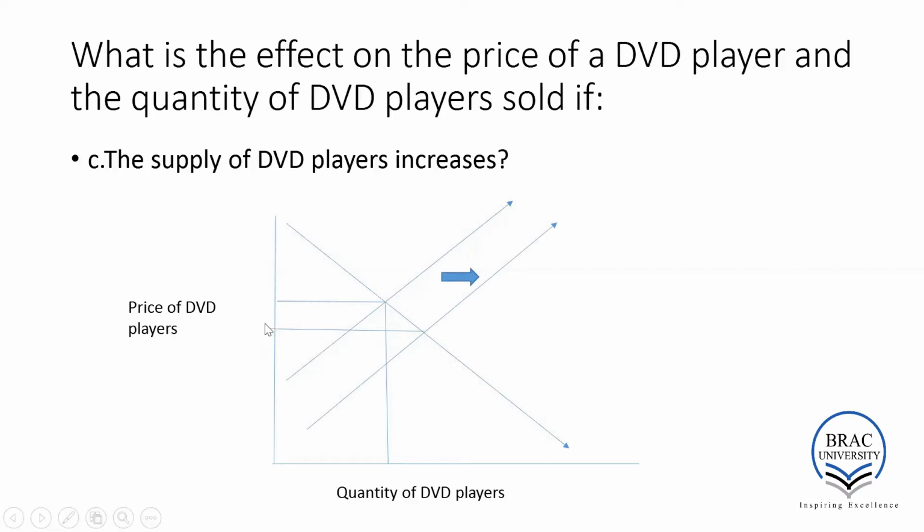So if we compare the initial equilibrium price and the new equilibrium price, we can see that the equilibrium price has decreased. And if we draw another line for the new equilibrium quantity, and compare the new equilibrium quantity and the old equilibrium quantity, we can see that the equilibrium quantity has increased. So we can say that due to an increase in supply of DVD players, we have a decrease in price of DVD players in the market and an increase in quantity.